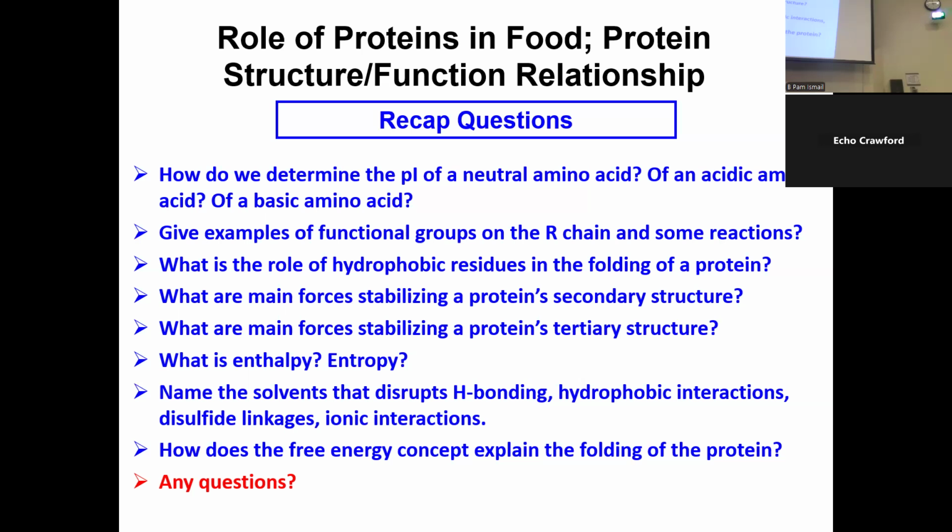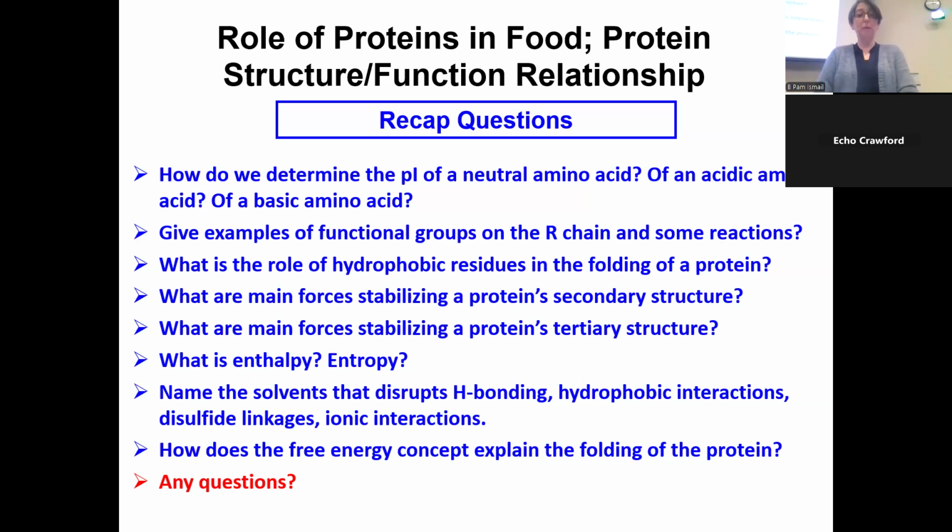Primary amine, yeah. So it's most reactive in the Maillard reaction. Okay. So these are just a few examples that you would want to remember as you do your flashcards. Remember your R groups, the functional groups and what potential reactions. Okay.